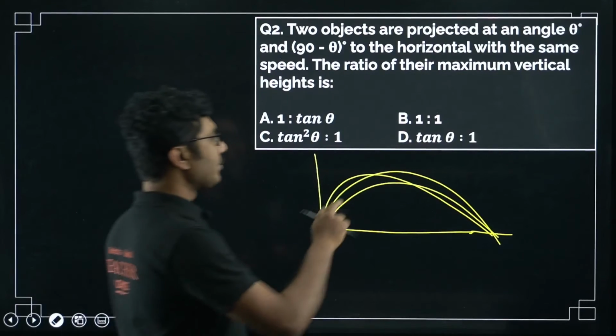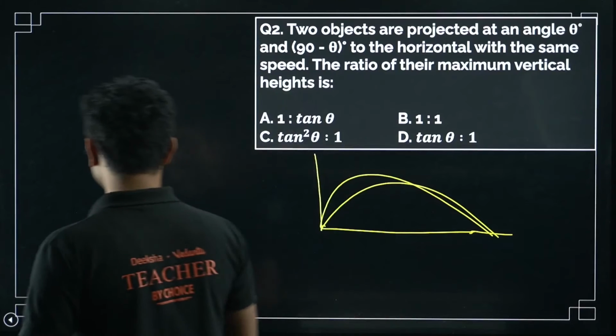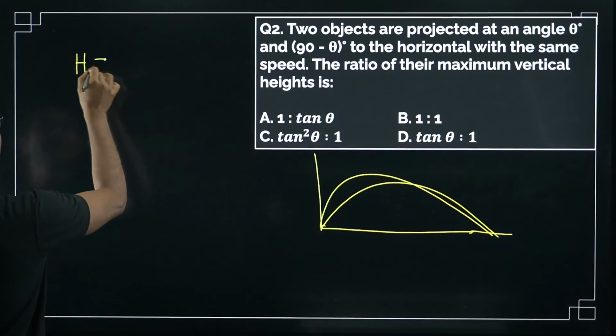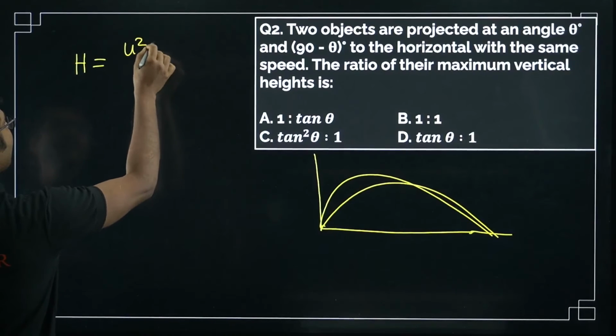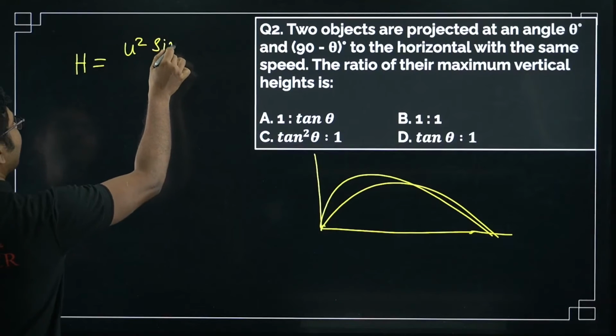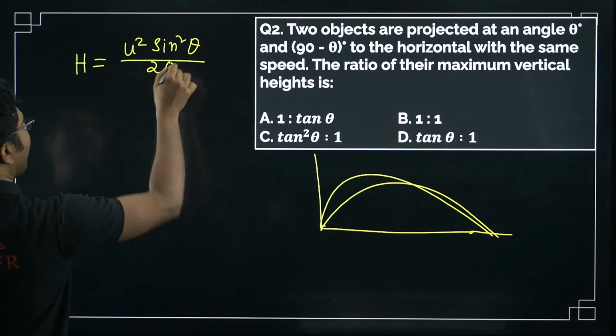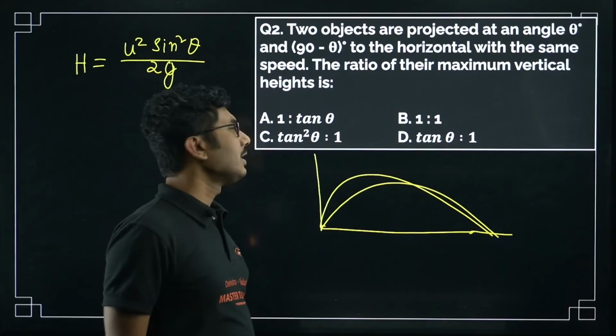So we have to check the vertical height relation and find the formula. The vertical height formula is u square sine square theta by 2g, right? This is the formula for vertical height.